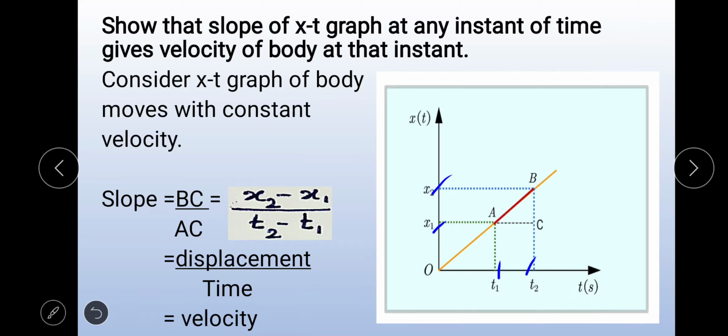And t2 minus t1 is called as time interval or time. According to definition of the velocity, change in displacement with time is called as velocity. Hence the proof. Hence finally displacement by time equal to velocity.